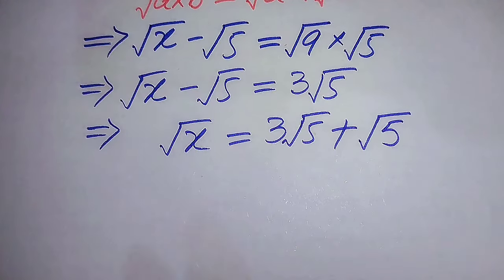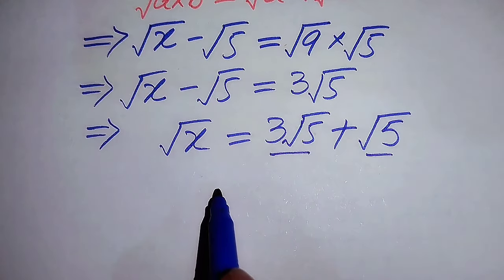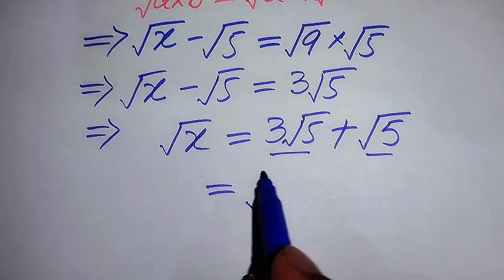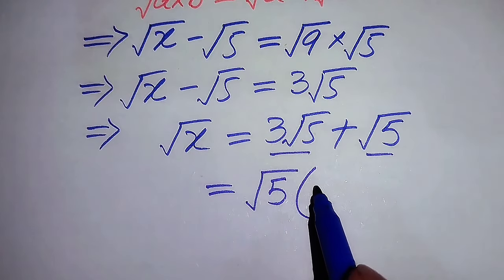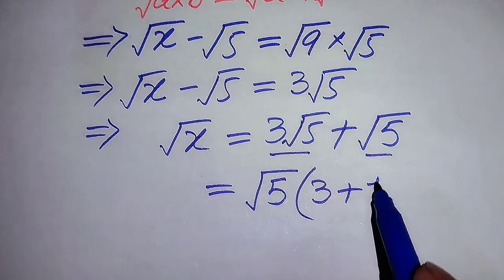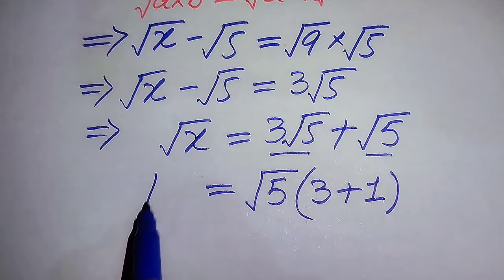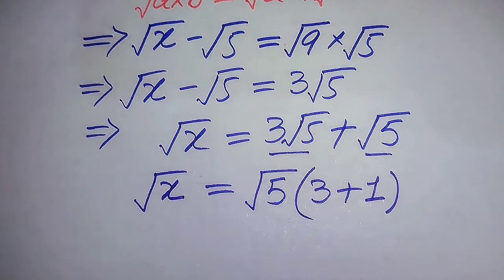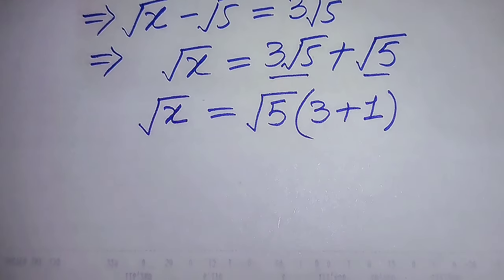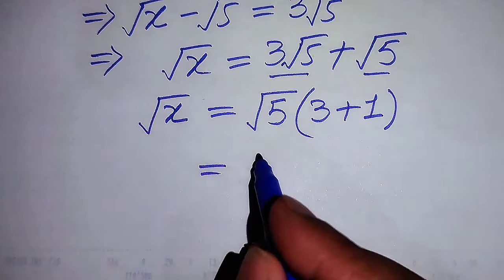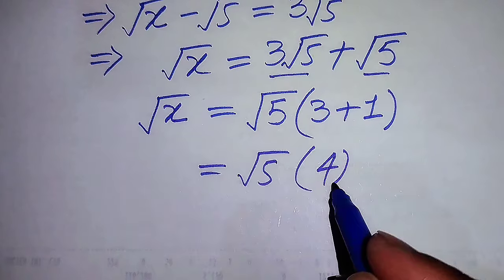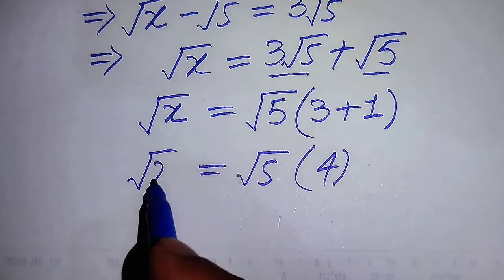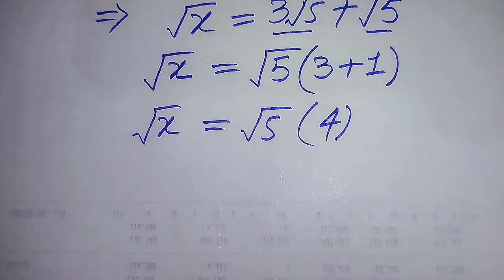And now you see both of these two terms involve square root of 5, so we take common square root of 5 from here, and the remaining values are 3 plus 1, and here you have square root of x. So in the next step we have square root of 5 and 3 plus 1 becomes 4, and here we have square root of x.